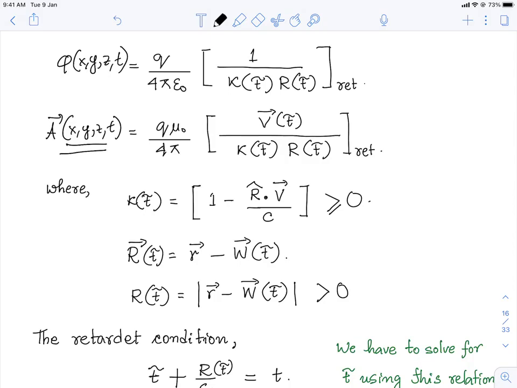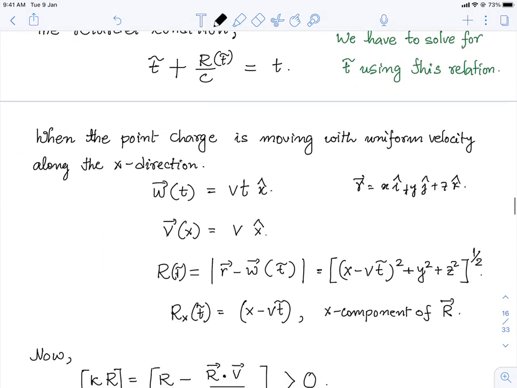And then w was the trajectory of the particle. So w is vt times i hat, because it's moving along the x direction. You can make it i hat just to avoid a complication here. So the velocity is along the i direction and it is constant.